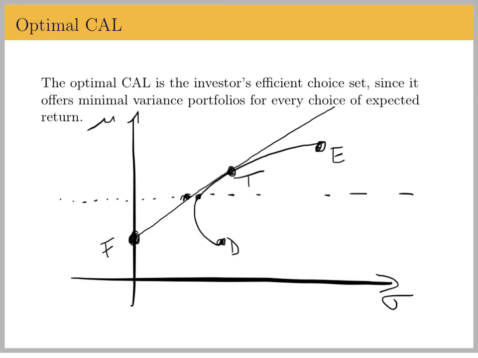That is, a portfolio on the CAL has smaller variance than a portfolio on the risky frontier. And the same here. I can just send dotted lines through, and for any expected return that I choose, I'm always going to have a smaller variance on the CAL than on the risky frontier.